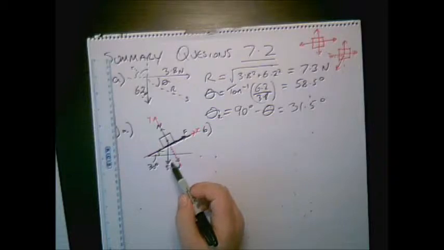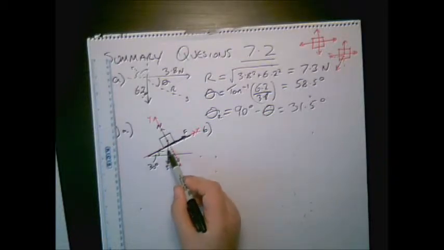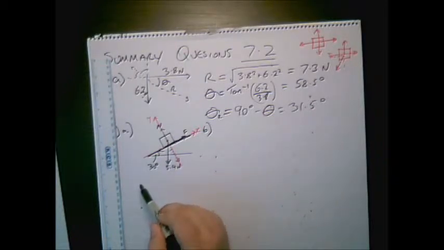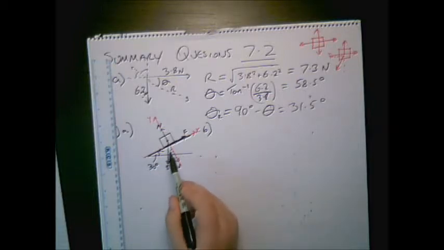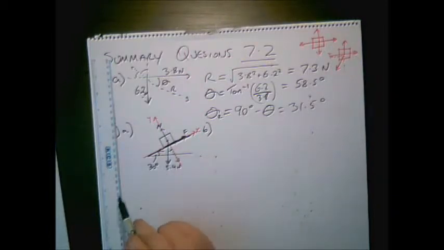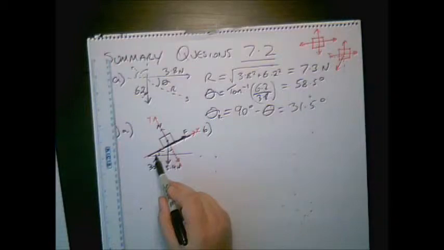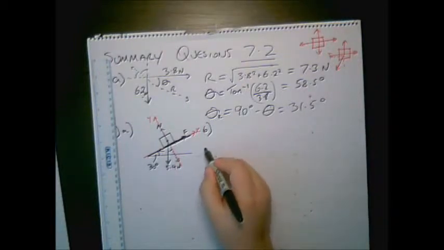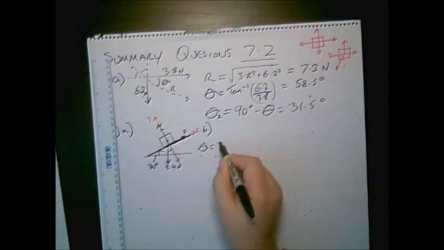So first of all, calculating the weight in this direction, well, we need an angle. And the angle is going to be this one, and simple geometry about dropping perpendiculars through triangles will tell you that this angle here will always be equal to this angle of the slope here. So in this case, theta is going to be 30 degrees.